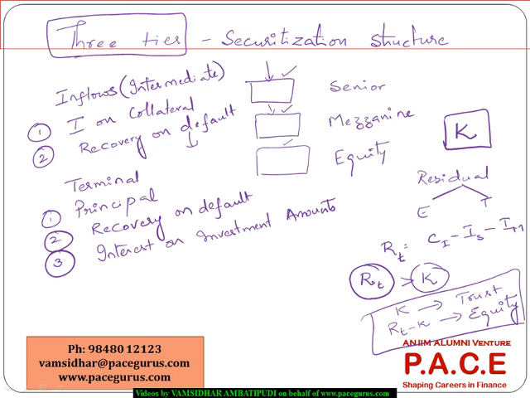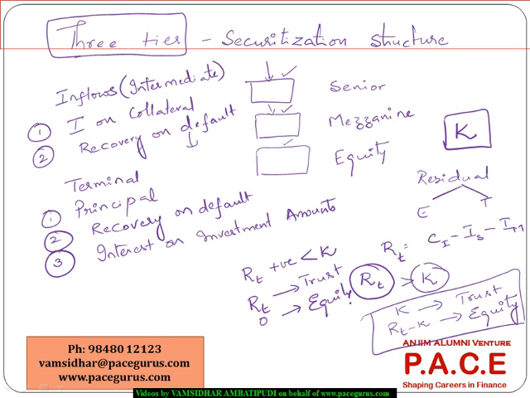But assume that the residual RT is positive but less than K. Then whatever residual is there would go to the trust, and the equity holder will not get anything.